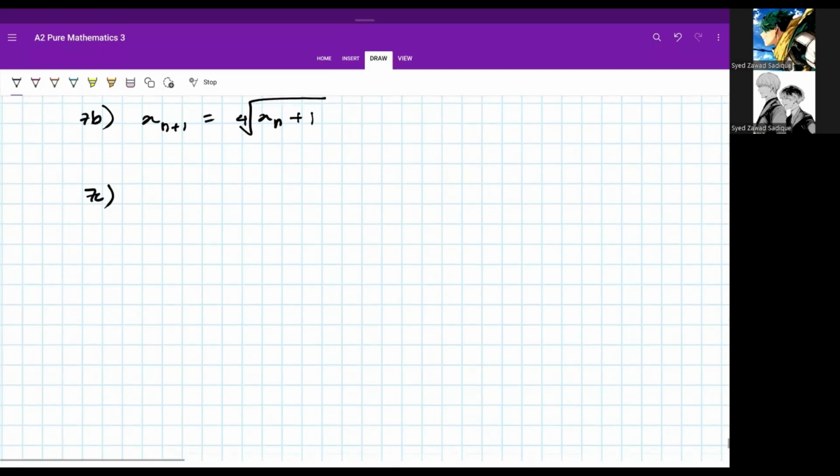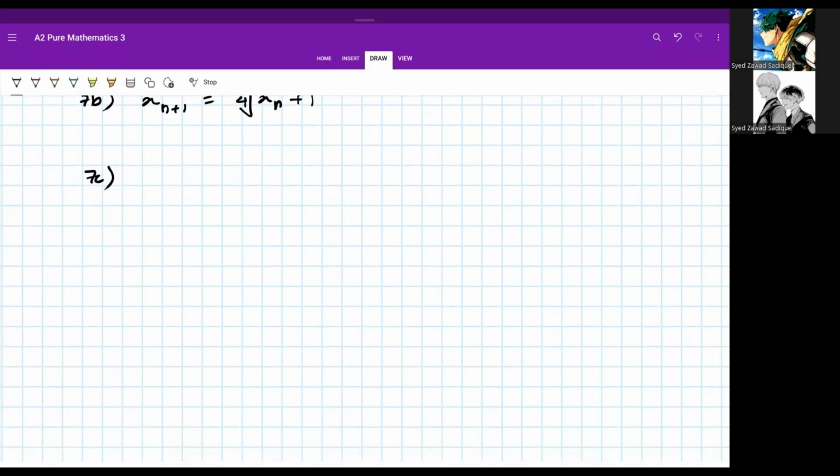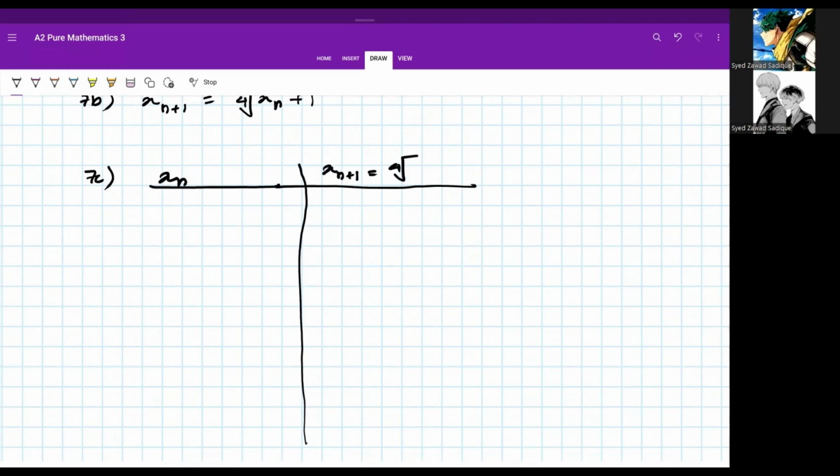Now we have to find the value of x. Okay, let's make a table. For x(n) and x(n+1) is equal to the fourth root of x(n) plus 1.